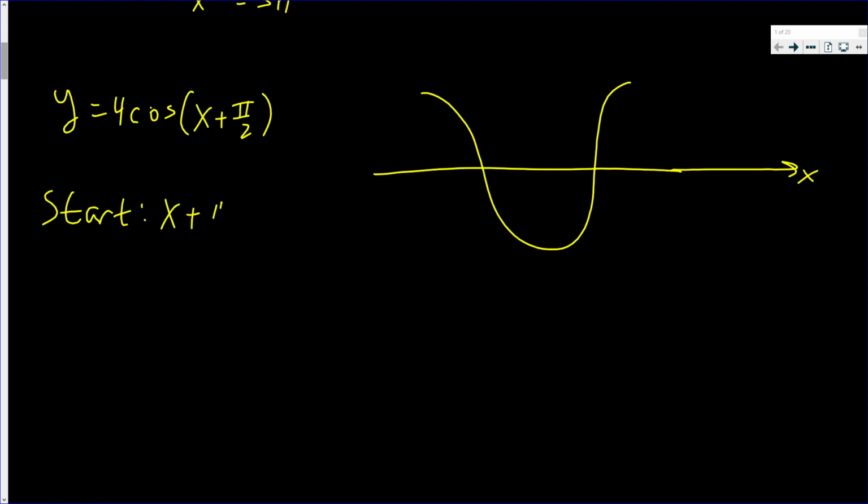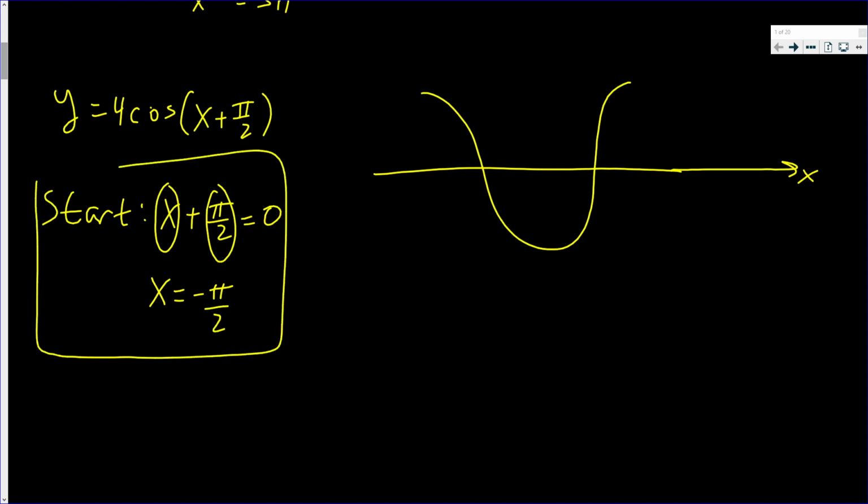It starts when the angle is 0. If you add two things and you get 0, then the two things were just opposite in signs. Pi/2 is positive pi/2, so x must be negative pi/2. So that's where we start, negative pi/2.